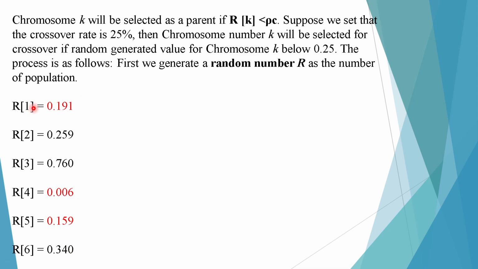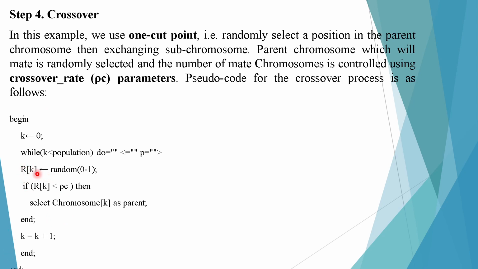So we generate 6 random numbers. We notice R1, R4, R5 are less than 0.25. So we are going to select chromosome 1, 4, 5 to do the crossover.